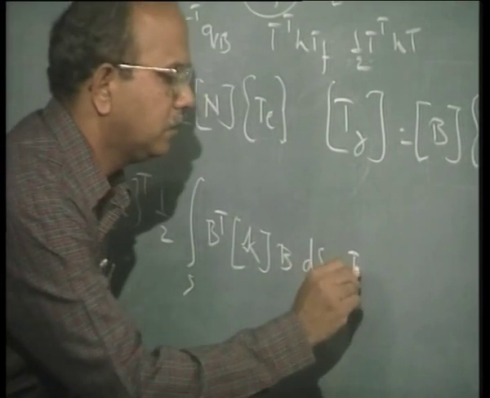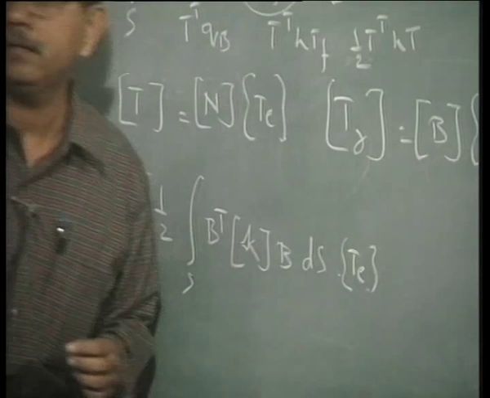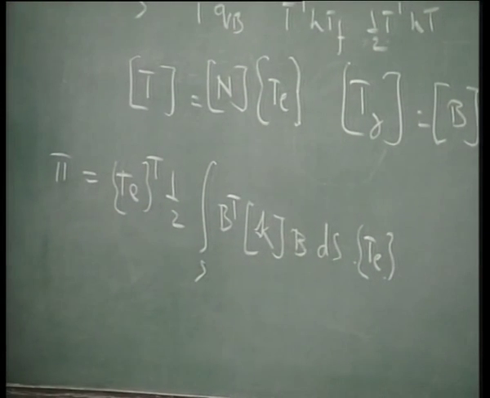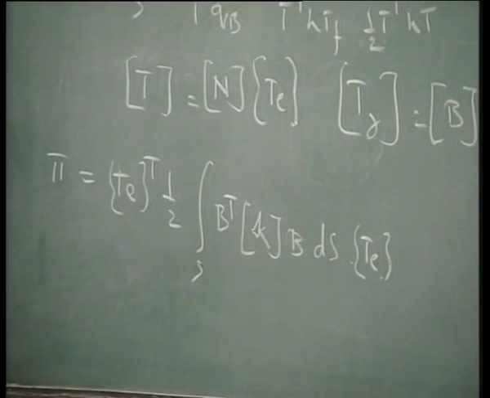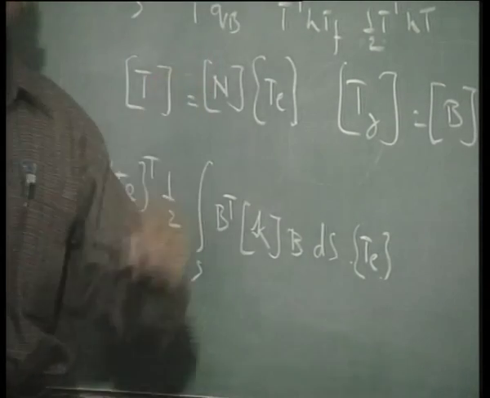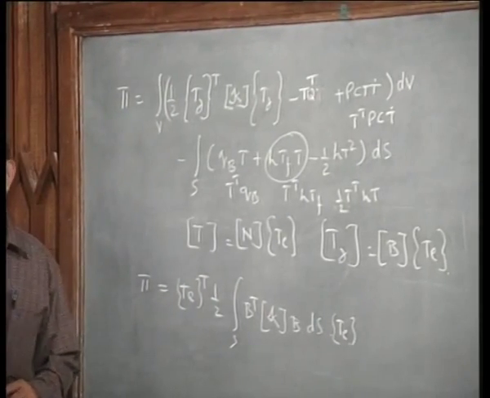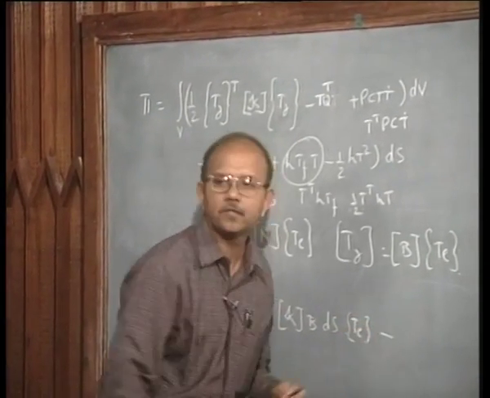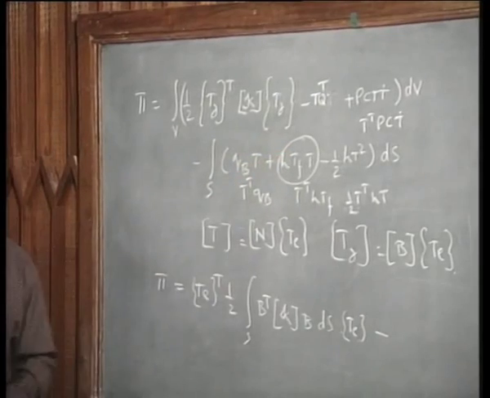into T. B is of course a matrix, I need not tell that. Then T transpose Q T becomes minus, it is all inside the integral of course.